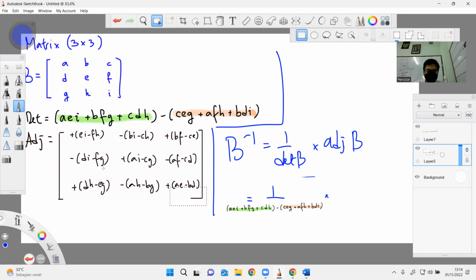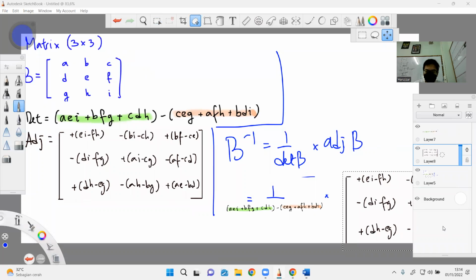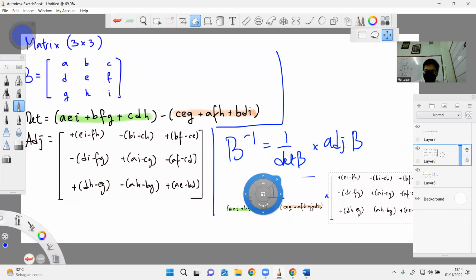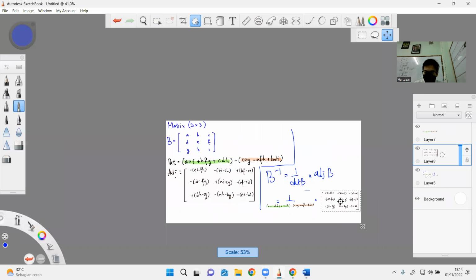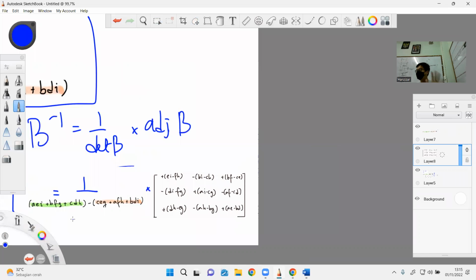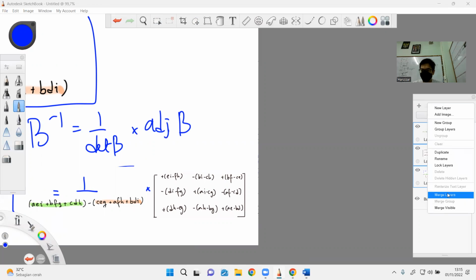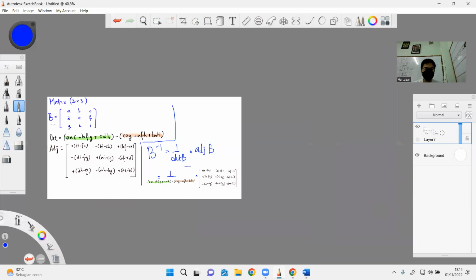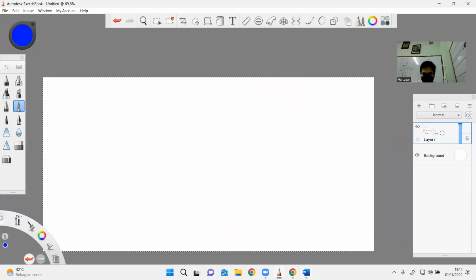This. And then we are done, guys. Okay, so this will be the formula of the 3 by 3 matrix inverse. But again, you never memorize this, right? You cannot memorize this, it's too much. I'll give you a question about this. But this is the idea.